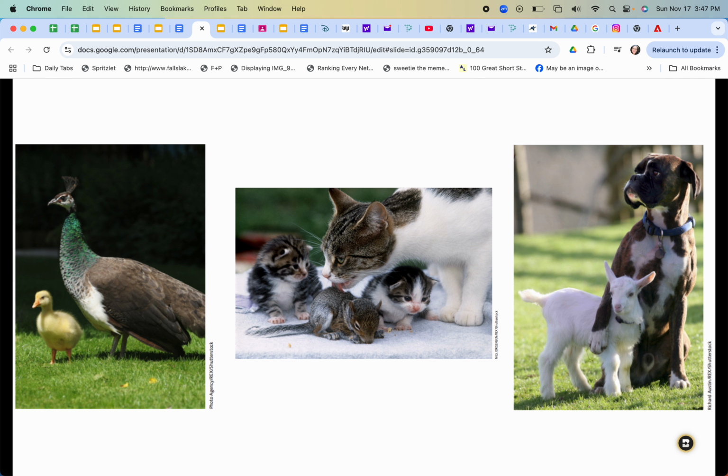Okay, so if you looked at the left, you'd say, hey, that looks like a peacock with a duckling. And if you looked carefully in the middle, and this one you had to really look carefully, you'd see there was a cat and 2 kittens and a baby squirrel. And if you looked at the right picture, you'd see a dog with a baby goat.